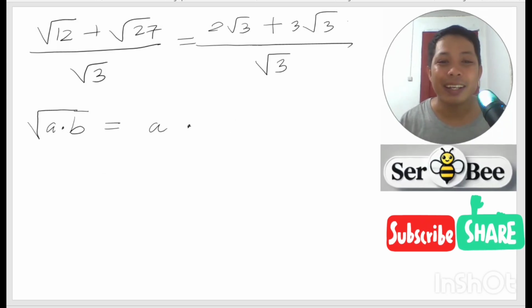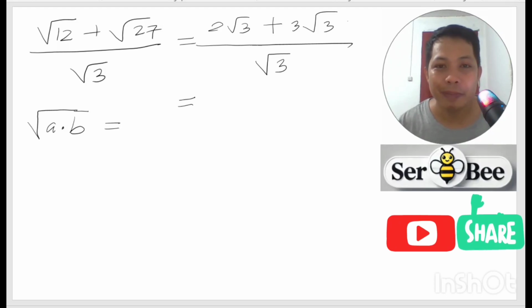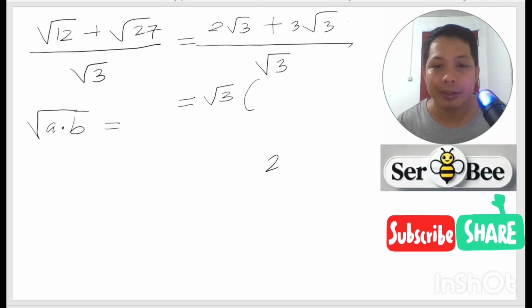And then let us simplify the answer. As you can observe, the numerator contains square root of 3 on the first term as well as on the second term. So this means that square root of 3 can be factored out. So we have 2 plus 3, times square root of 3, divided by square root of 3.